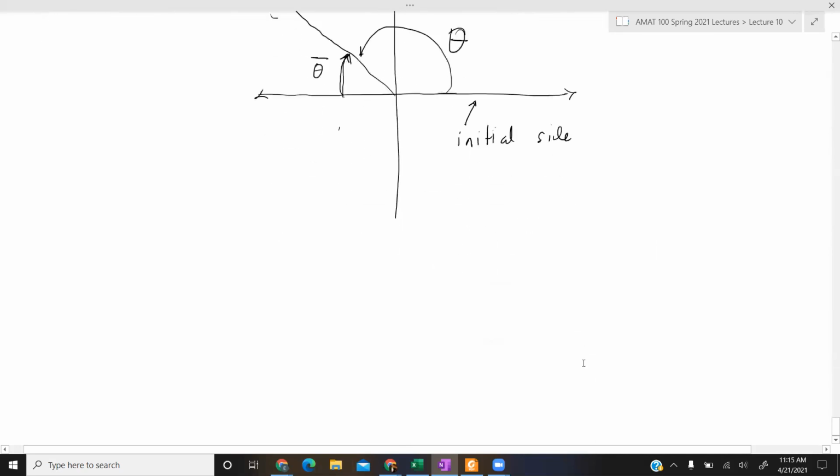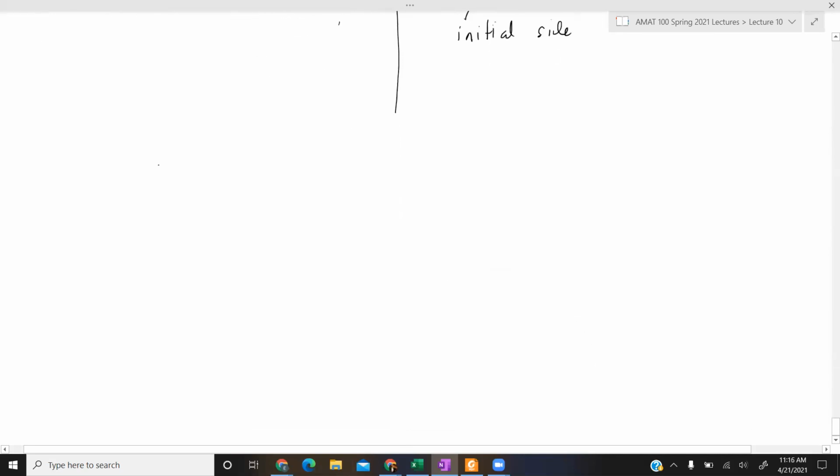Okay, so let's look at an example. This is example 2 in the book. We'll just do part A. The question is to find the reference angle of the following angle.